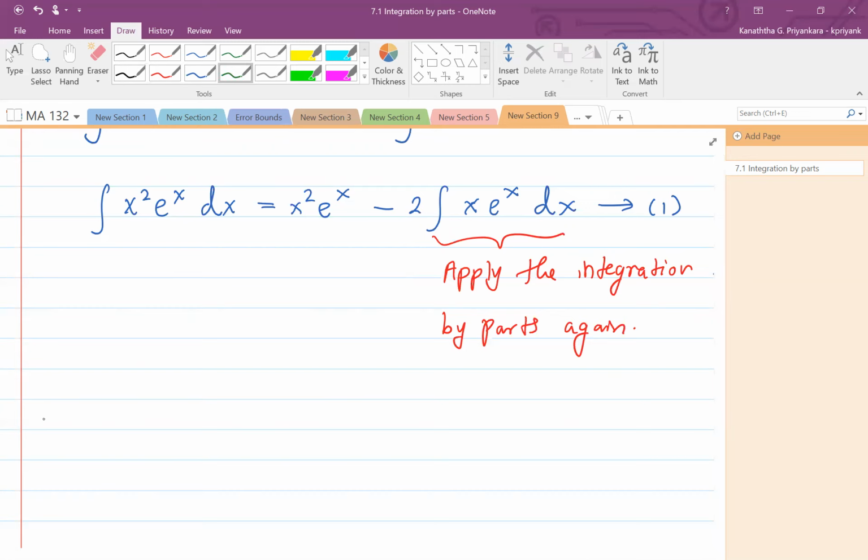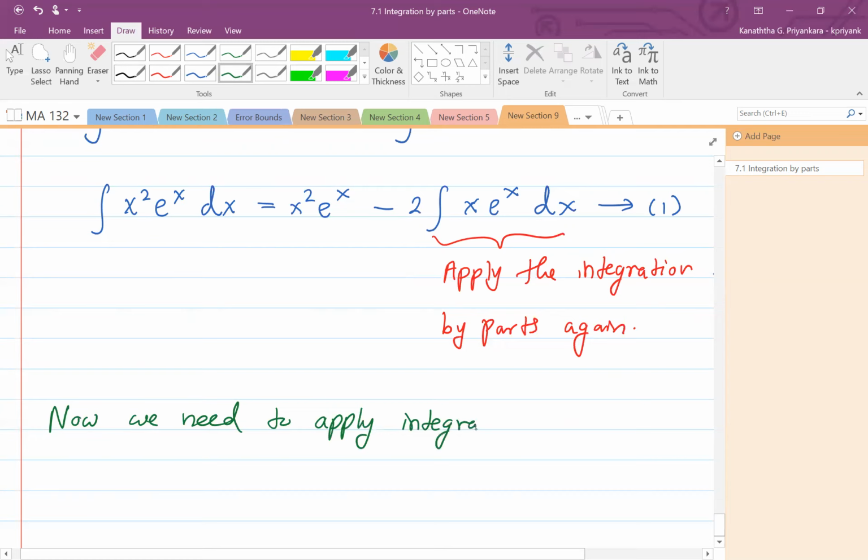Now we need to apply integration by parts to the integral x e to the power x dx.